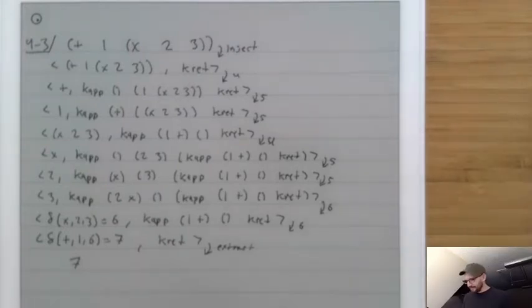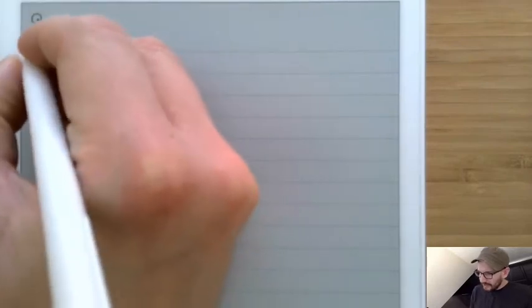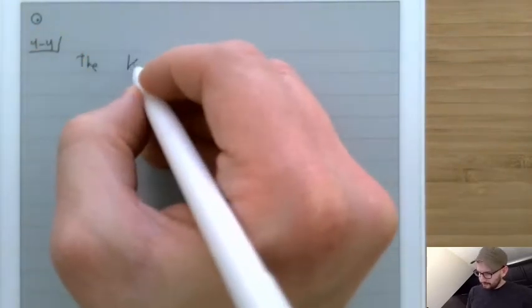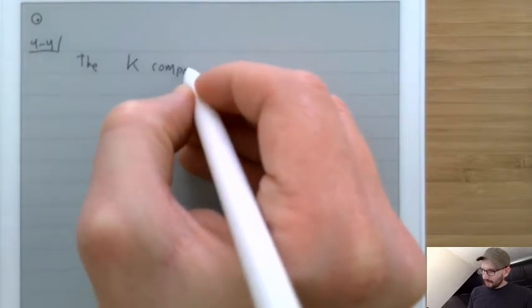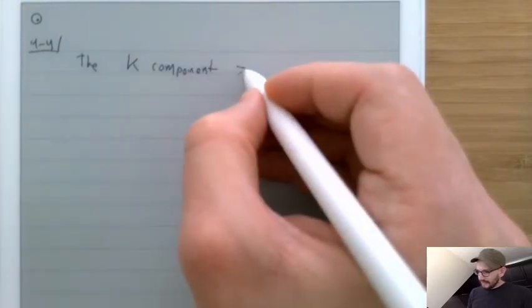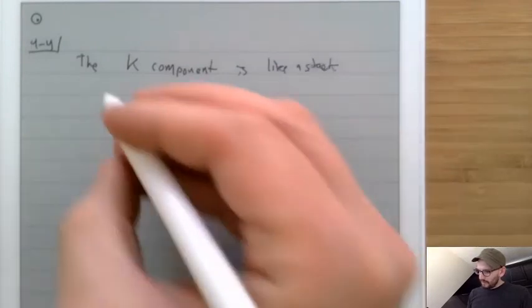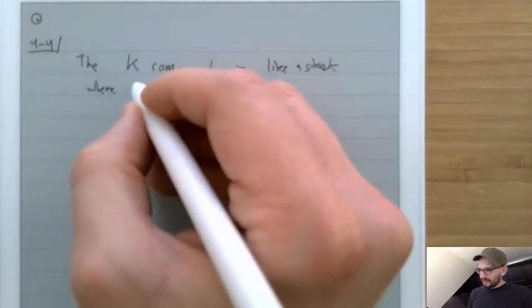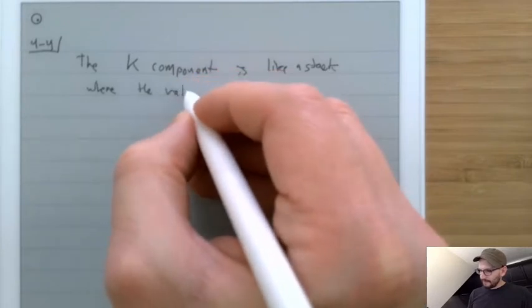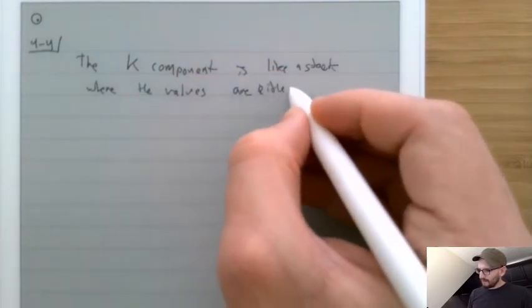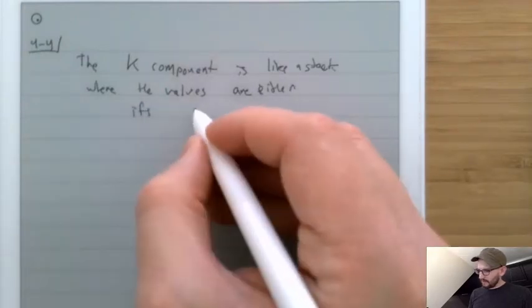The first thing is that notice that the K component is like a stack, where the values on the stack are either ifs or apps.